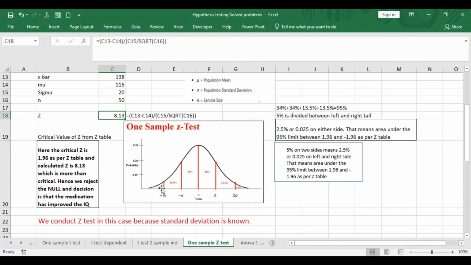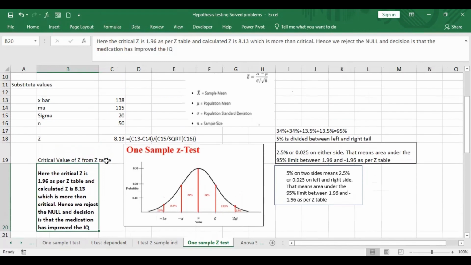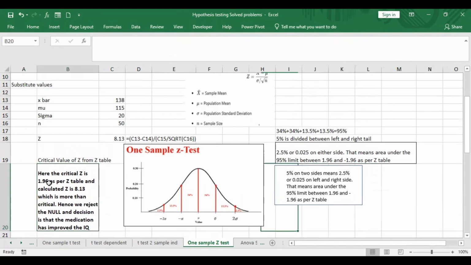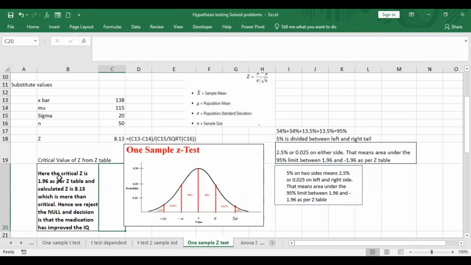Let us compare the critical value Z, which is 1.96, with the calculated one.